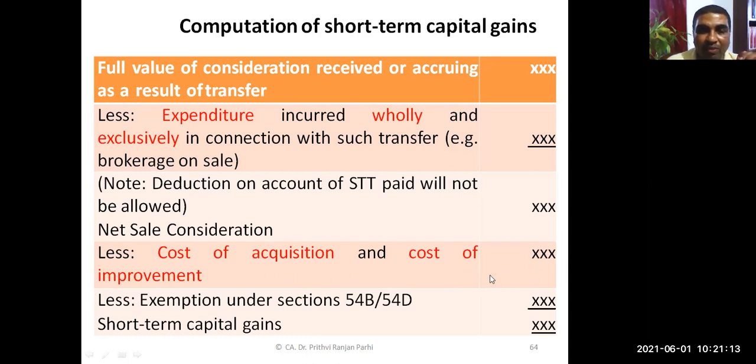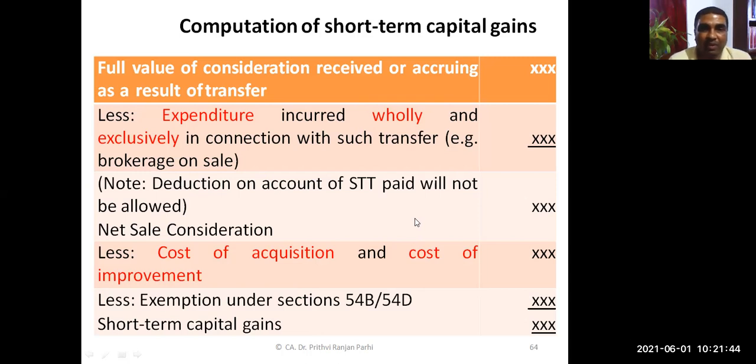Then we'll find out if it is short-term capital gain. So one can get exemption under section 54B and 54D. That exemption can be availed. We'll be learning what are these 54B, 54D. Then you will be getting short-term capital gain, which is chargeable to tax. You can just have a look. Okay, these exemptions we will learn separately.